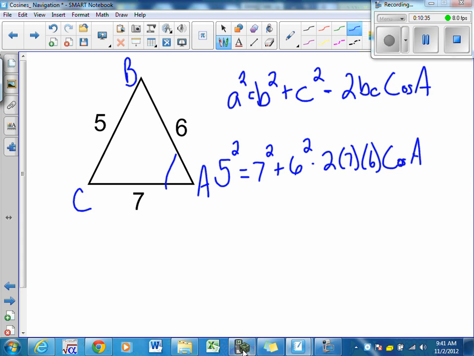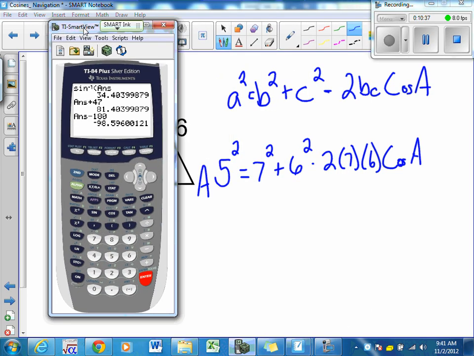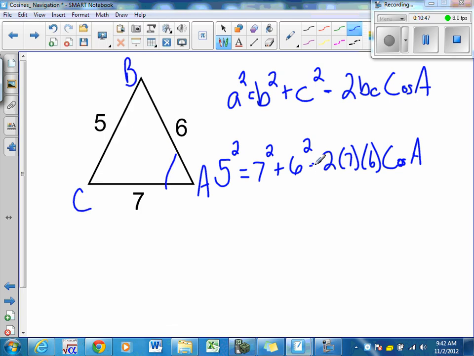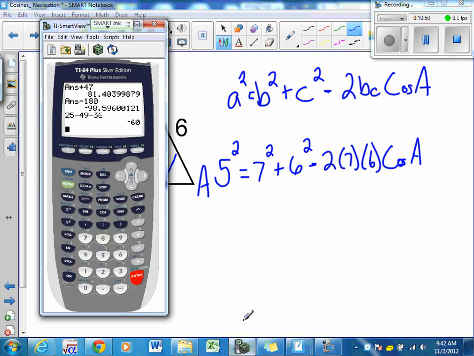So now I need to solve, and I can do this on the calculator and work through it. This would be 25. I'm going to subtract 49, subtract 36. This is a subtraction to get my answer. Then I'm going to divide by negative 2 times 7 times 6, and I get 0.7143.